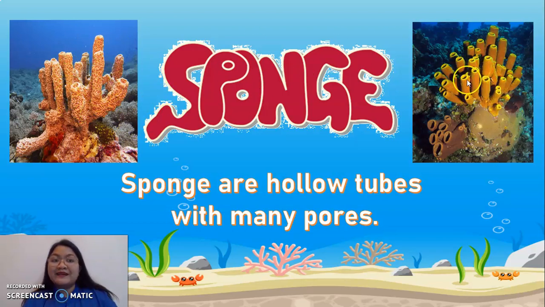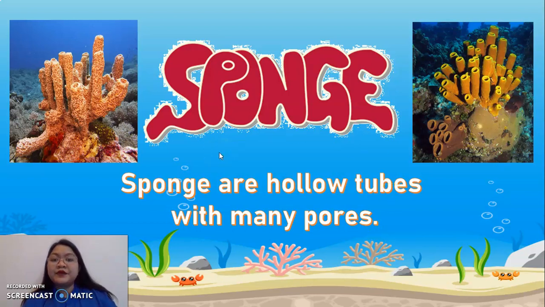So they are tubes, hollow tubes, which means the inside has nothing with it. And they have many pores. Okay, so do you know SpongeBob? Very good. So SpongeBob is an example of sponge. So we can see sponges under the water or the ocean.